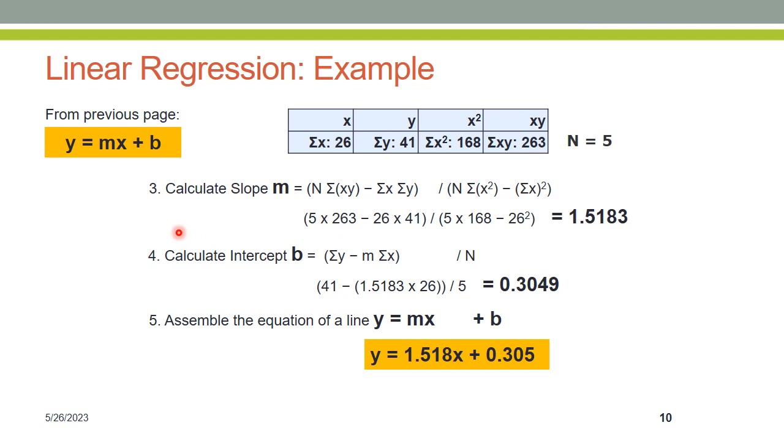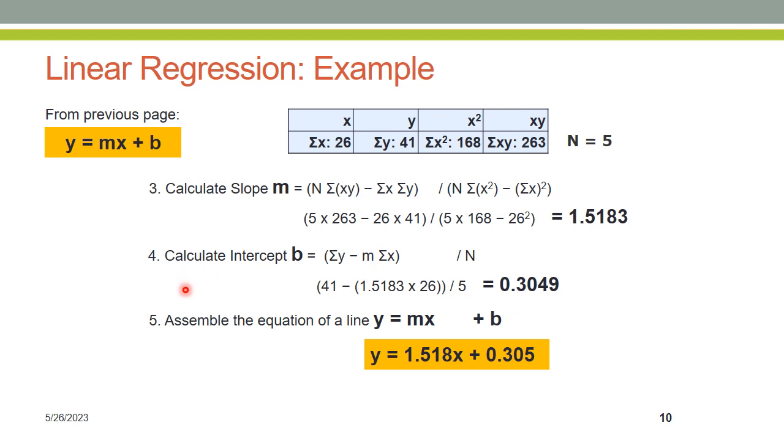The next thing we calculate is our intercept. In order to calculate our intercept, we need our m value here. This is why we're calculating the slope first. So our intercept b equals the sum of y, the sum of our dependent attribute, minus our slope m times the sum of x, and we divide all of that by the number of data points n.